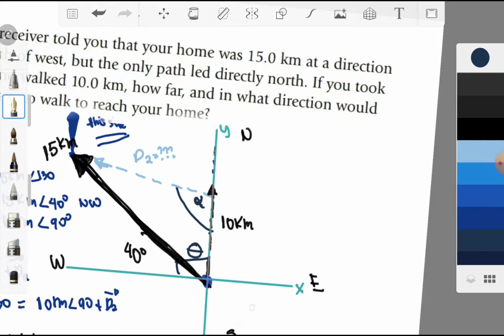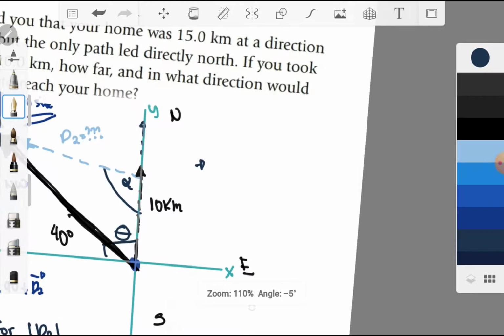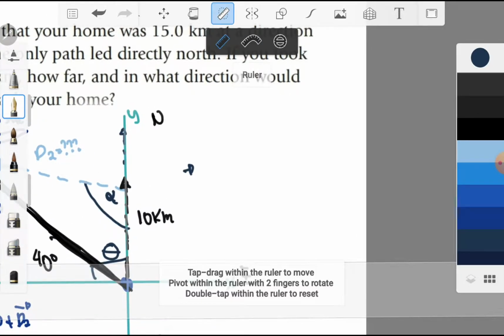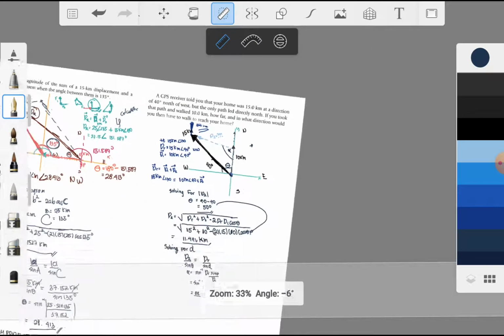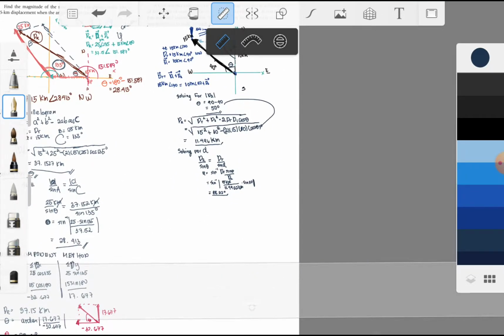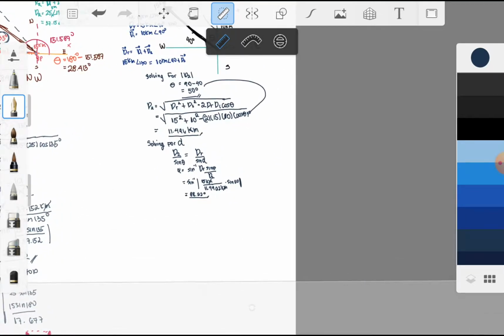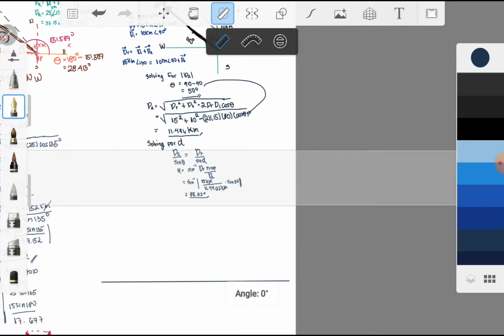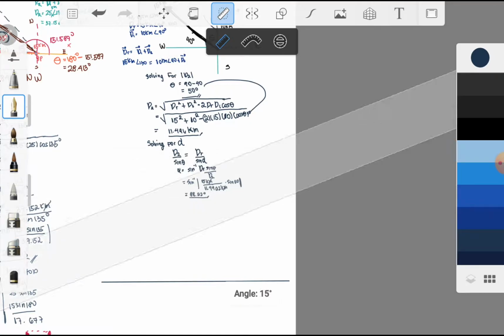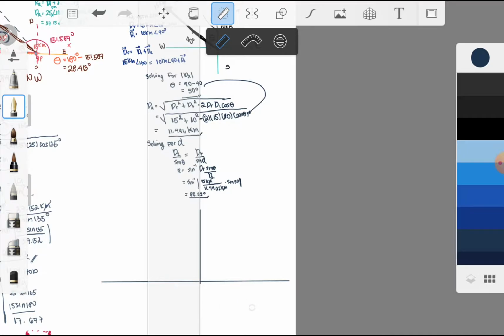Okay? So I will redraw the Cartesian plane. This time we go below. Okay? So this will be our 15 kilometers.